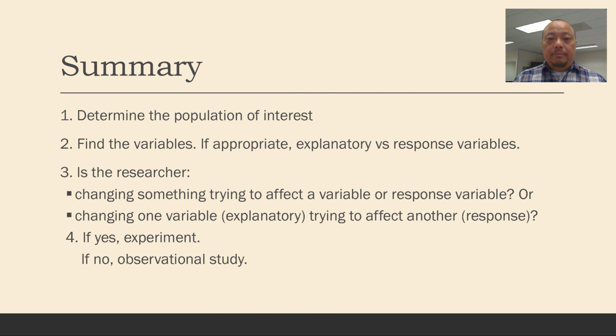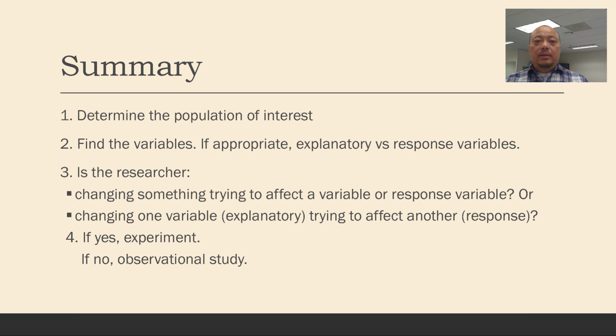Here's a summary. To distinguish between experiment and observational study, do this. Step 1. Determine the population of interest. Step 1 is not absolutely necessary, but it really helps you figure out step 2, which is find the variables, meaning the attribute or characteristic of the population we're studying. If appropriate, find the explanatory versus response variables.